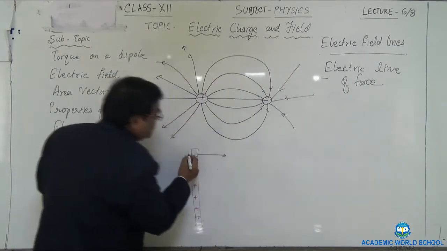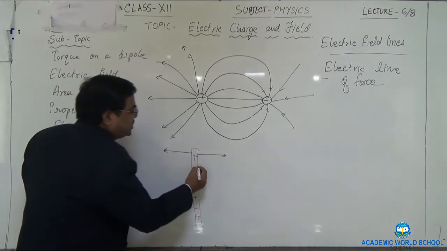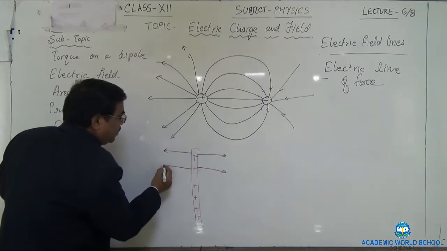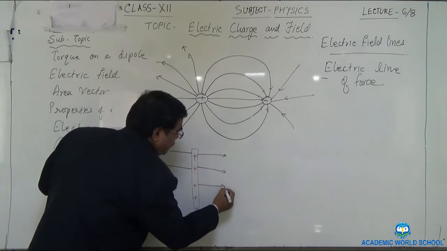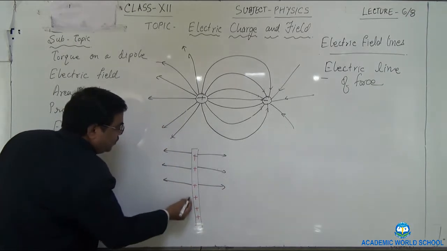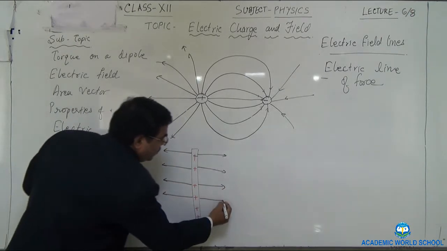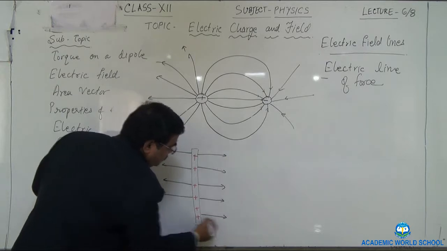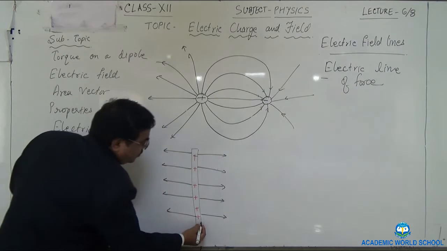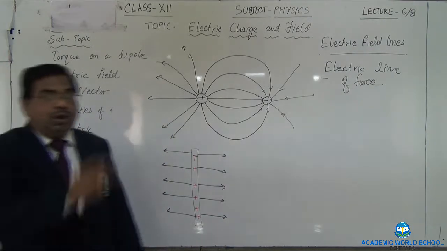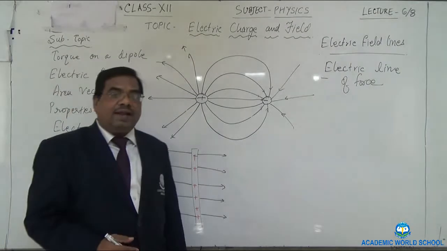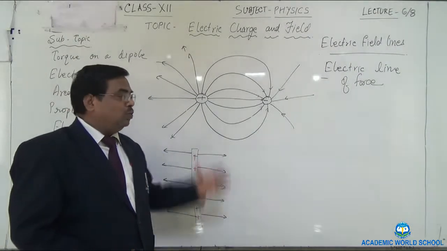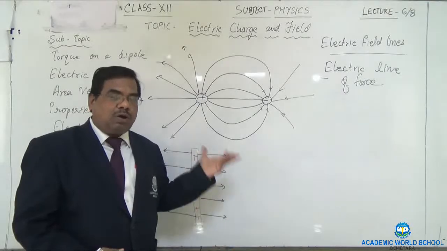So field lines will be going on both sides. Understood? Okay. So learn to draw the electric field lines due to these kinds of charged objects.